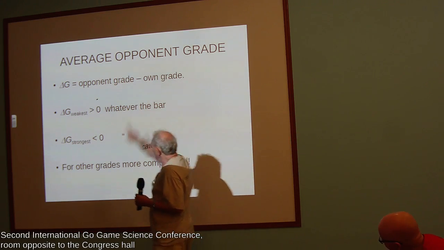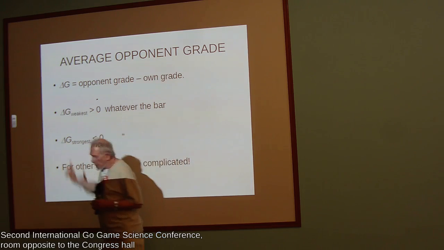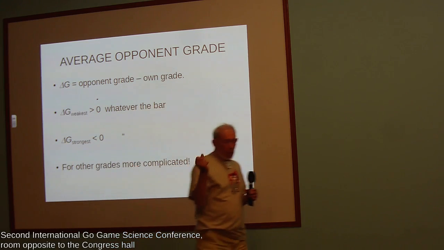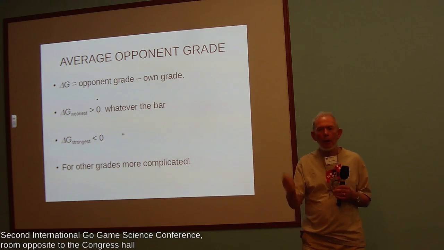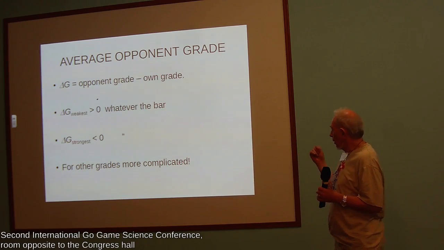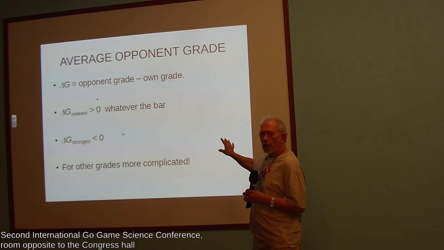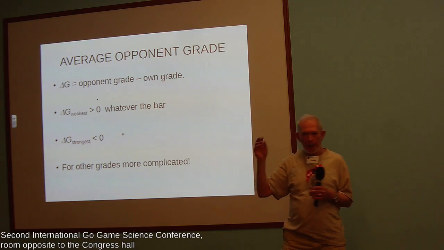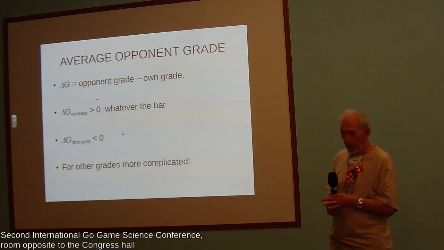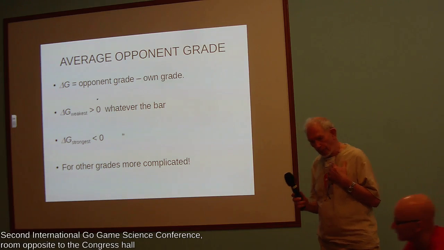This quantity, the grade difference, depends on the bar and on the grade. So apart from the weakest and the strongest, for other grades and other bars, it gets more complicated, and I can show you details if we've got time later on.